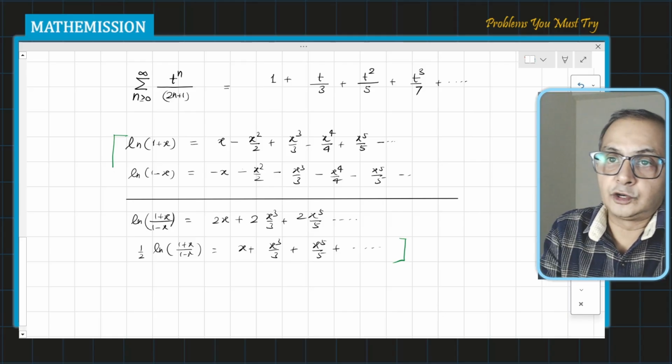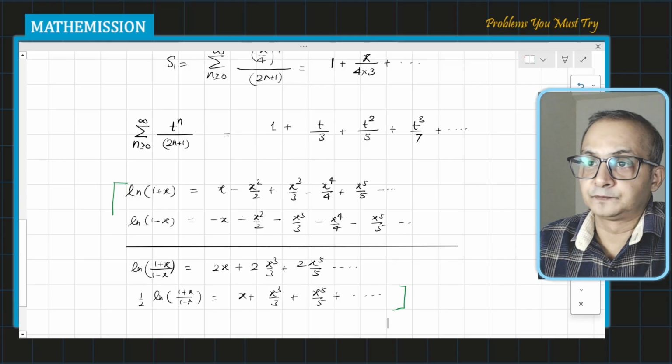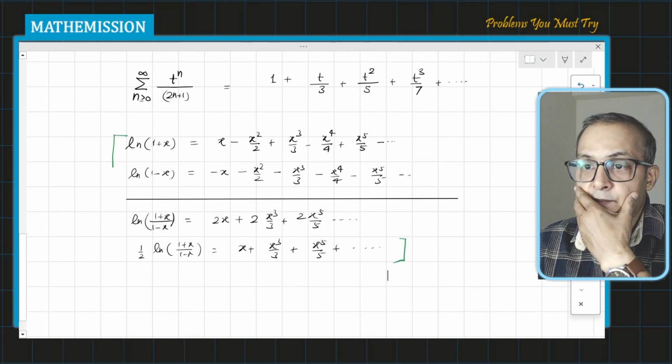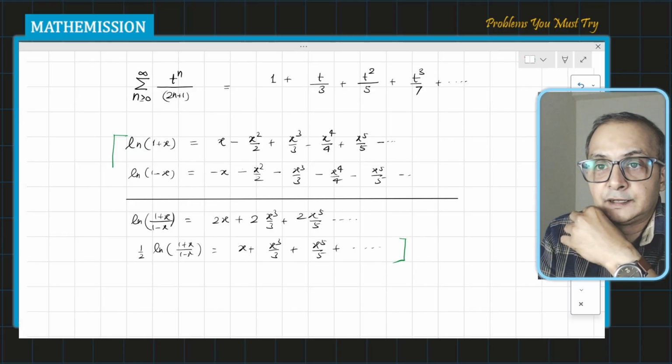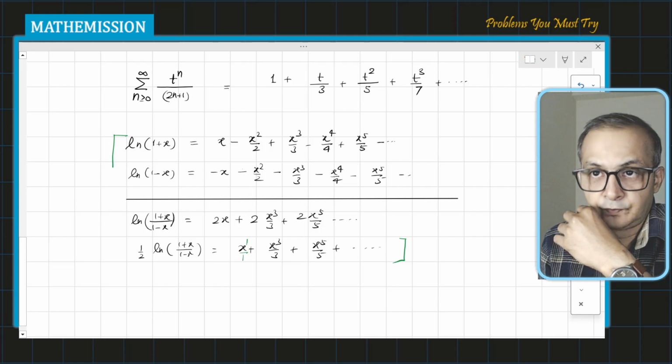Instead of doing this t to the power n, I observe that when I'm simplifying this log 1 plus x with 1 minus x, what I'm getting here is all the odd powers with odd denominator.